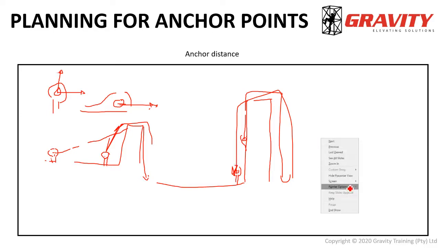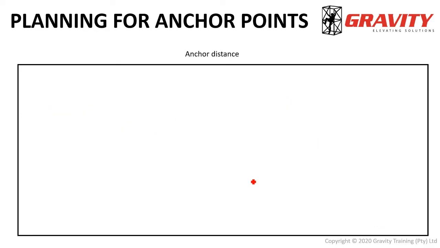Okay, one more note on anchor distance. If you can remember as far back as that example we used of the guy with the self-identified anchor points and the ropes, we talked about the angle between his double loop figure 8s. Okay, so if you have two anchor points equally on the same level, equal height, and you have a load suspended on this, like that. Again, I won't go into the details on this here.